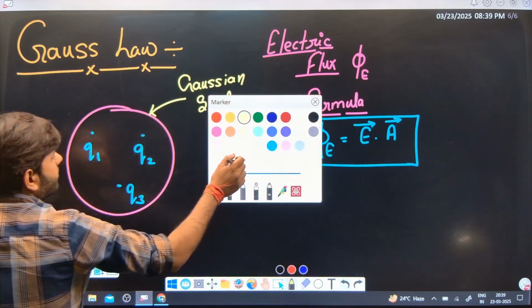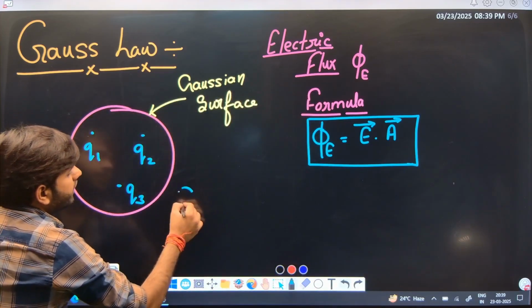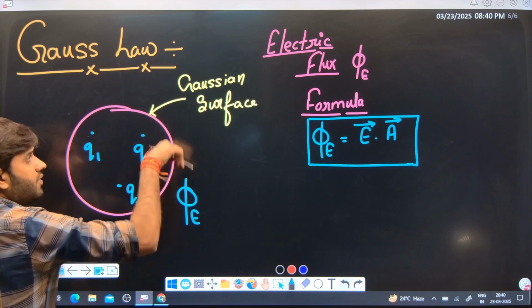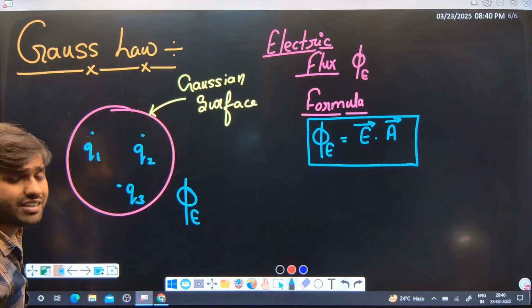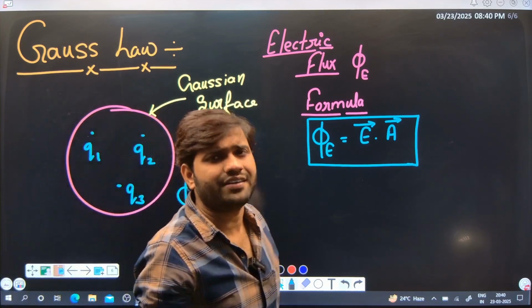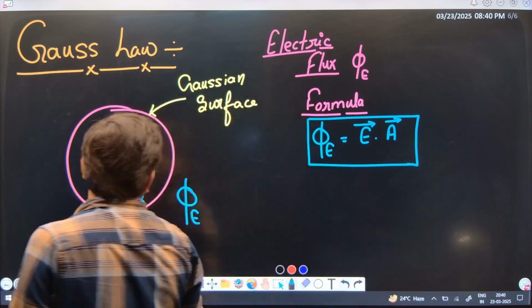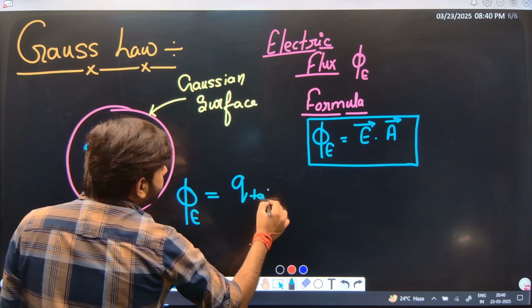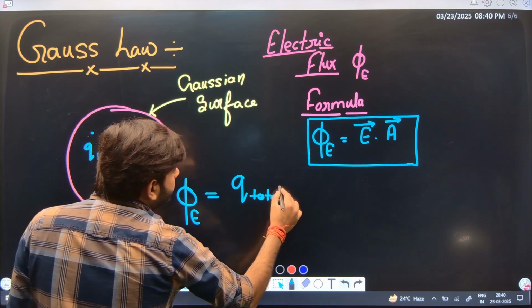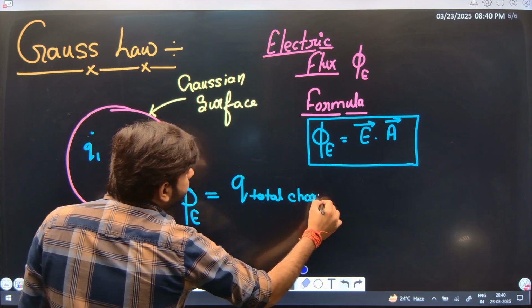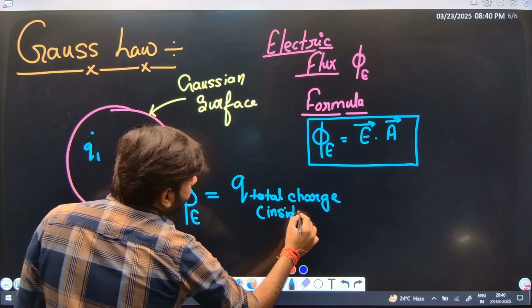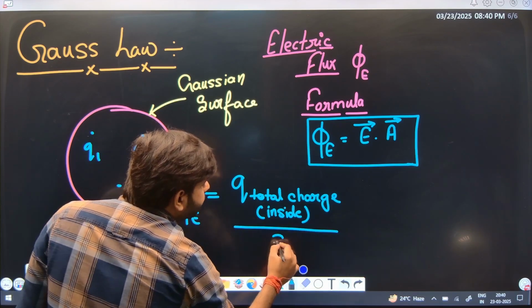He has told that the net flux through this surface, it can be any shape or size, it will not matter, is always equal to the total charge which is inside, divided by epsilon naught.